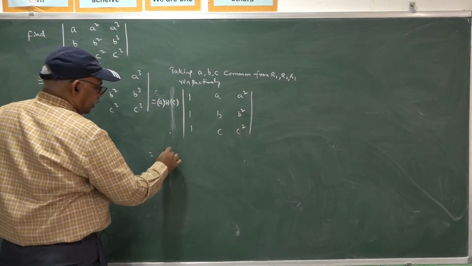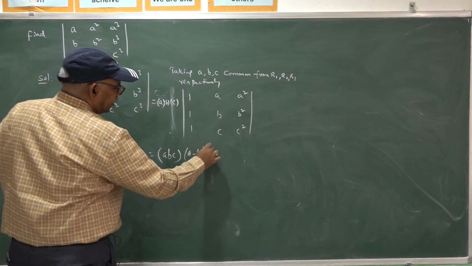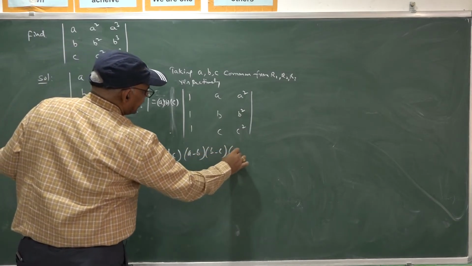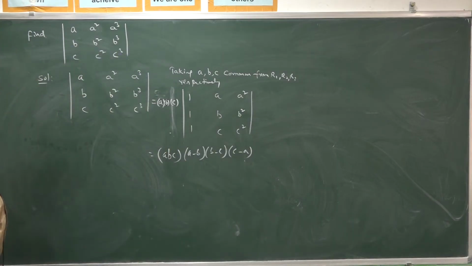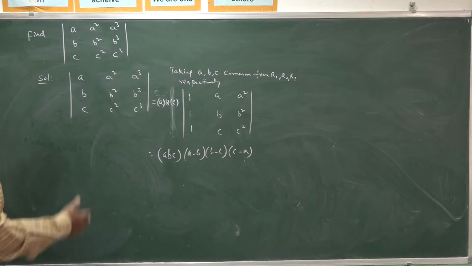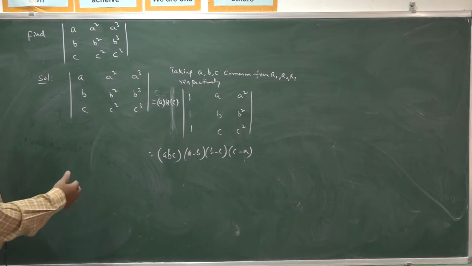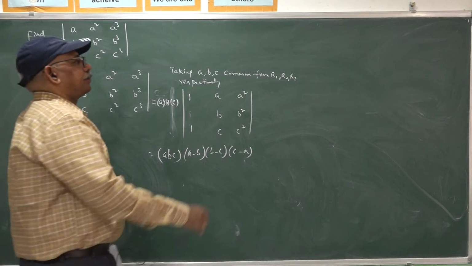Clearly this determinant is A minus B into B minus C into C minus A. Already we proved that 1 A square, 1 B square, 1 C square is A minus B, B minus C, C minus A. Hence the required determinant value is ABC into A minus B, B minus C, C minus A.